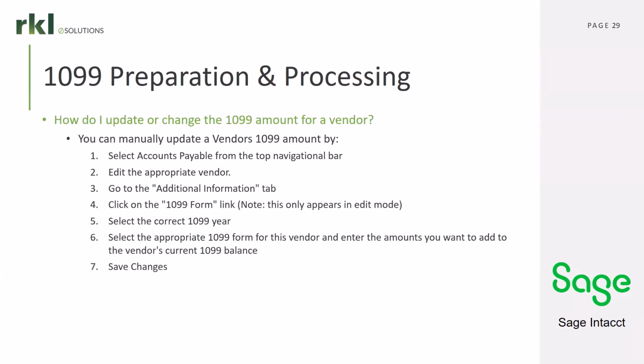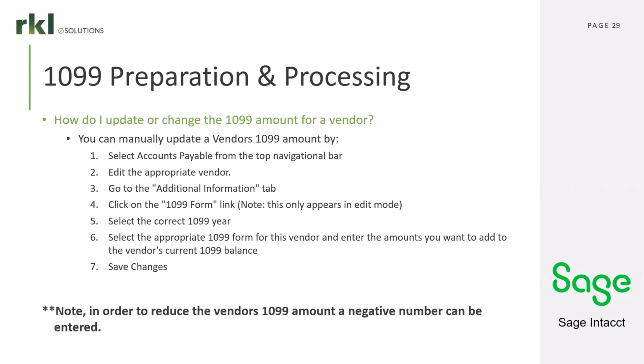So from that screen, that initial amount, we can put in an amount in there if we need to make that adjustment, both a positive or a negative amount. Hence the note, in order to reduce the vendor's 1099 amount, a negative number can be entered.